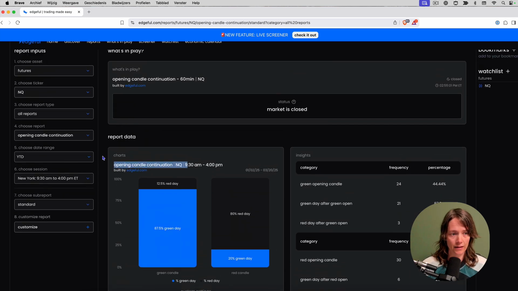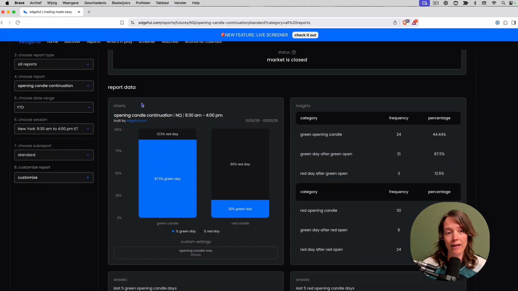And as you can see, and I've put in all the data over here, what I wanted to check is that, year to date, so that means all data on the futures chart of NQ, I'm looking inside of the New York session. Then you can see that if the opening candle closed green, so that first hourly 9:30 to 10:30 candle closed green, there is a 87.5% chance that it's a green day.